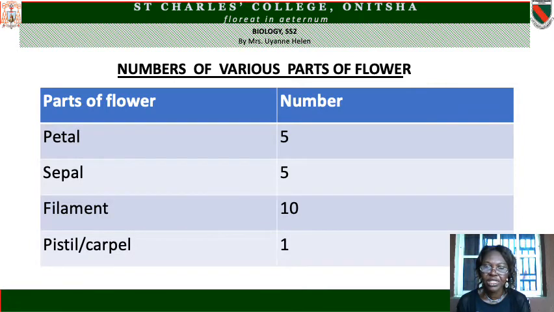Petal is 5, but if you're drawing a half flower, it will be 2.5. Sepal 5. And the color of the petal is red, brightly colored red, while the sepal is red inside and green outside. Then filament is 10, while pistil is 1.